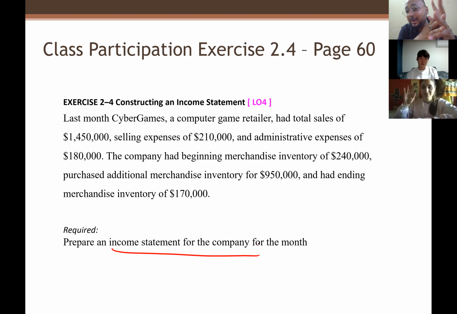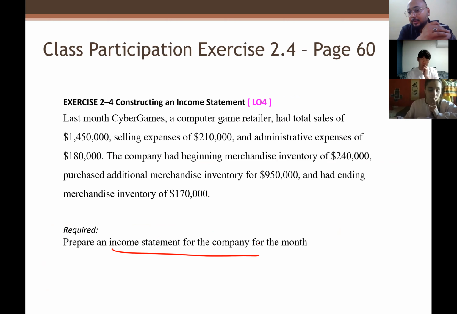But here we need to find out the cost of goods sold. We are not given the cost of goods sold. How can we find it? Recall your accounting knowledge: opening inventory plus purchases minus ending inventory is your cost of goods sold.